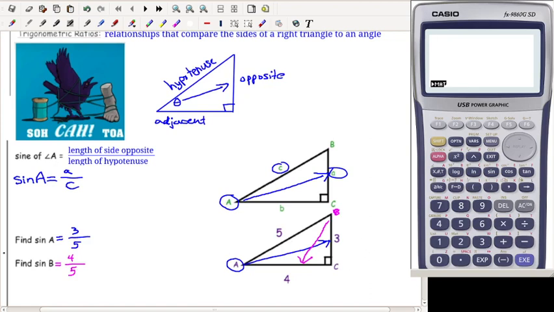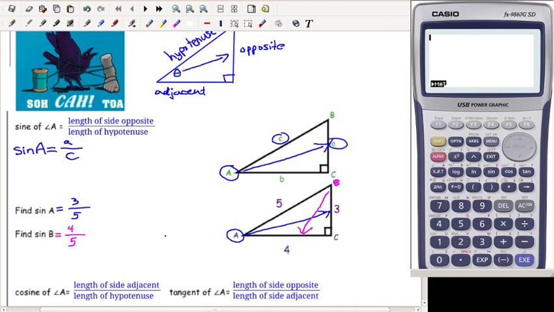So same triangle, but two different sines, depending on which angle we're talking about. Sine of A is 3 over 5, sine of B is 4 over 5, because the opposite sides are different depending on what angle we're talking about. So this is opposite B, and 3 is opposite A.